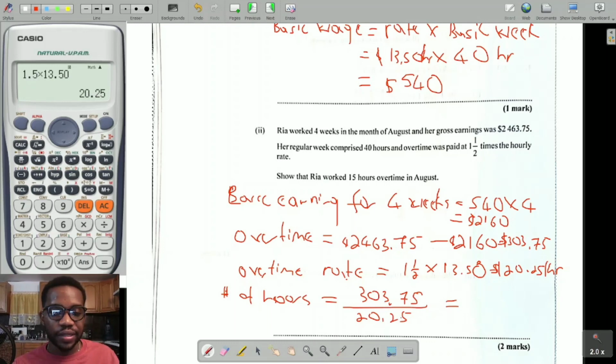Once again, you can't go wrong with the use of your calculator. So I'm going to have $303.75 divided by $20.25. This is equal to 15 hours.